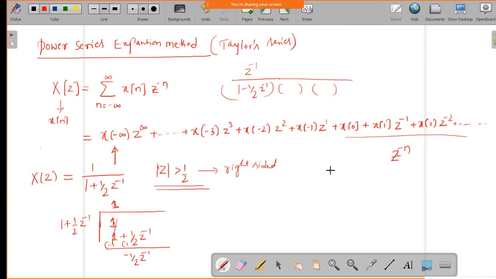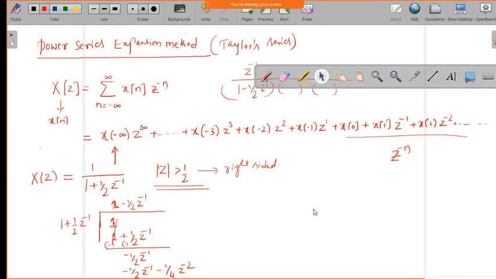Now in order to express in terms of z power minus 1, multiply again by minus half z inverse with this value: minus half z inverse into 1 becomes minus half z inverse, and multiplying by the half z inverse you will get minus 1 by 4 into z power minus 2. Once you do this, you subtract here.